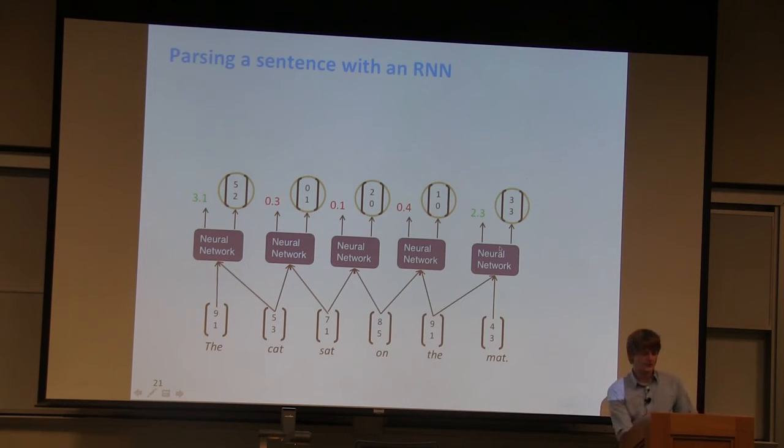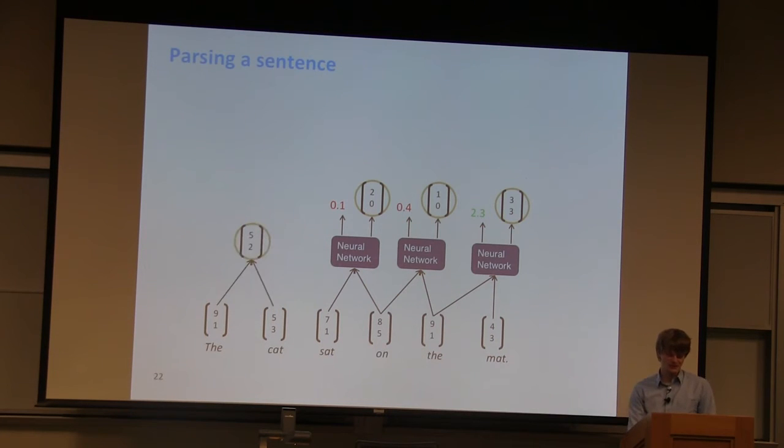And now what we could do is say, well, let's just make some discrete decisions and combine the two words with the highest score, and then take the output of that model and apply it to that same exact neural network again. And again, the weights here are all shared, the same W at every node. And then we can again compute a candidate here and say, all right, the cat sat. How likely is now the combination of these two words represented as a single vector again with the verb sat?